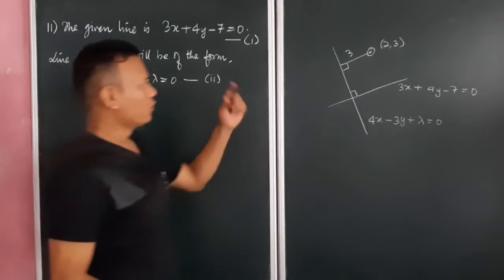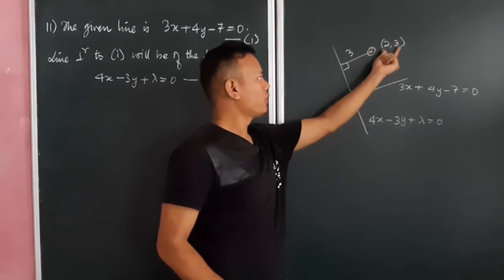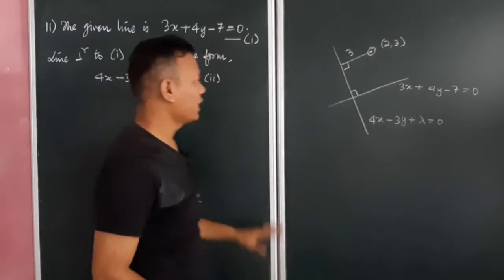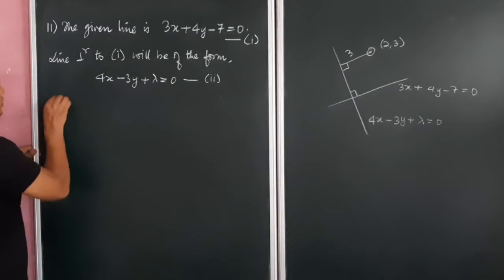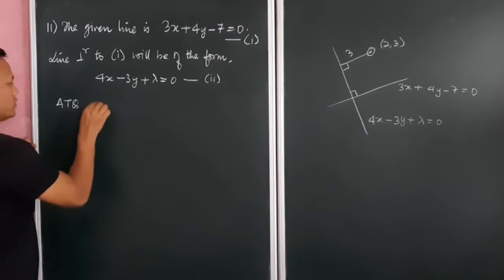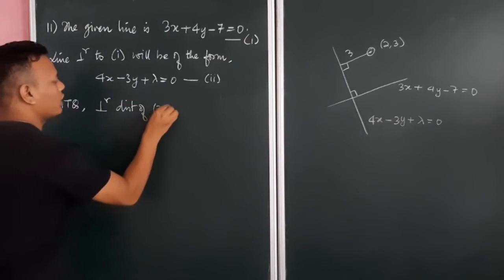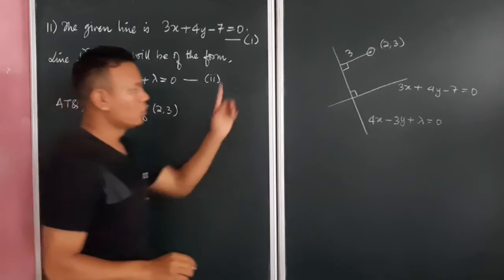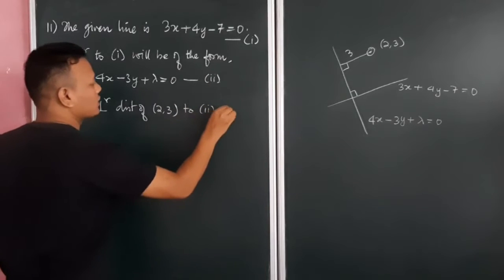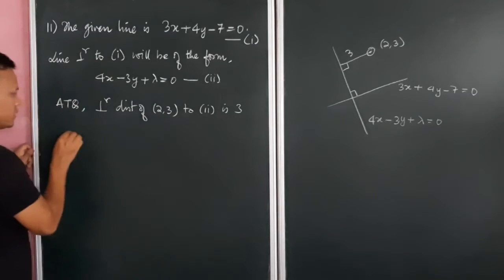We know that the perpendicular distance of (2, 3) to equation 2 is given to be 3. So according to the question, the perpendicular distance of (2, 3) to equation 2 is 3. That is what the question says.